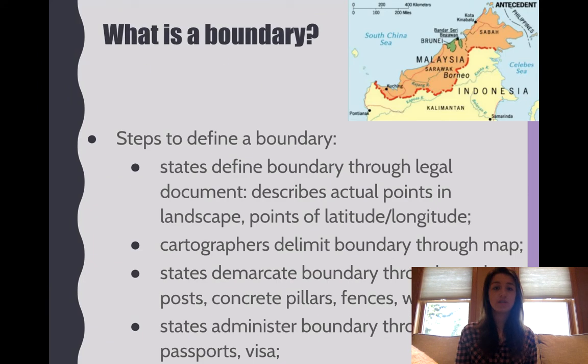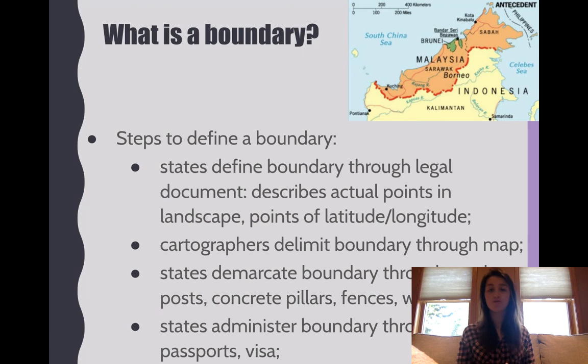So if a state is defined by a boundary, you have to ask yourself the question, what is a boundary? A boundary is some kind of border that's described through a legal document. It has points of latitude, points of longitude, and then cartographers take these boundaries and put them on maps. If you look at most modern day maps, you see squiggly lines.